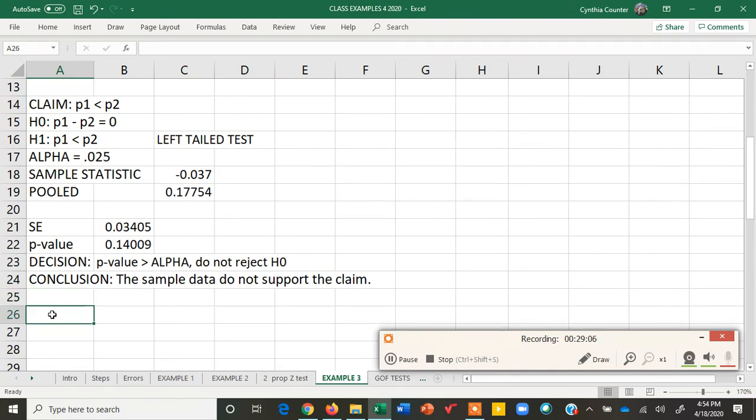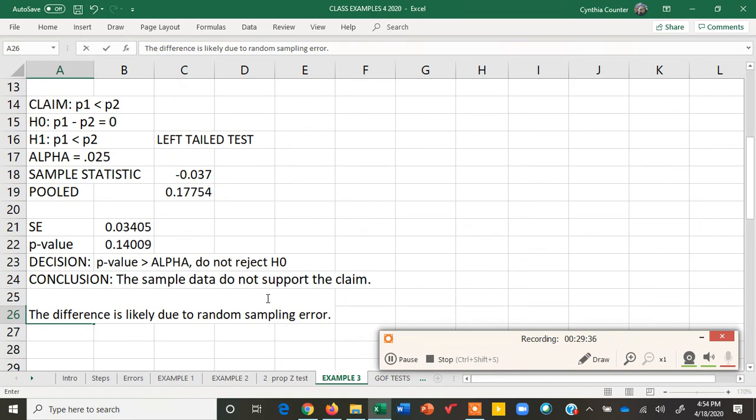So remember, we were talking about that difference at 0.037. Was it a significant difference or just likely due to random sampling error? Well, if we did not reject the assumption of equality, then the difference, and by difference, I mean this sample statistic difference, is likely due to random sampling error.